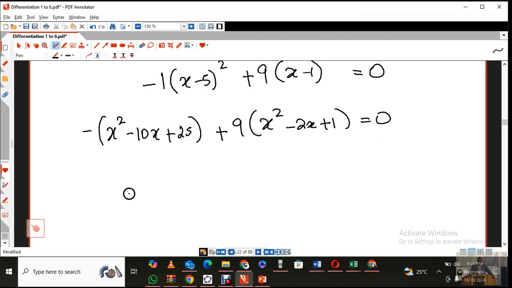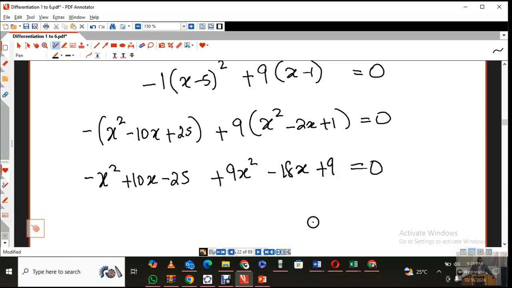Then of course this is going to give you minus x squared plus 10x minus 25 plus 9x squared minus 18x plus 9 equals 0. This whole thing will give you 8x squared minus 8x minus 16 is equal to 0.